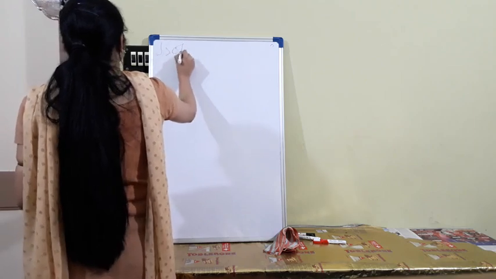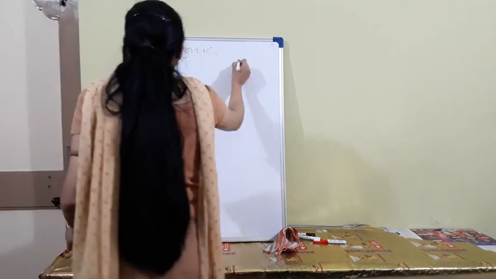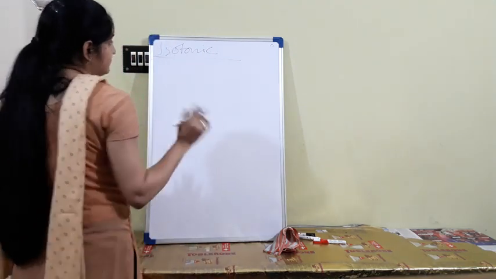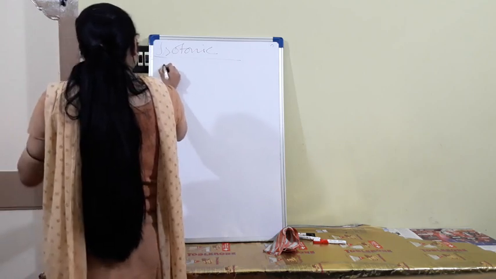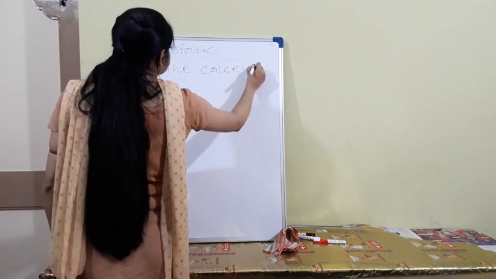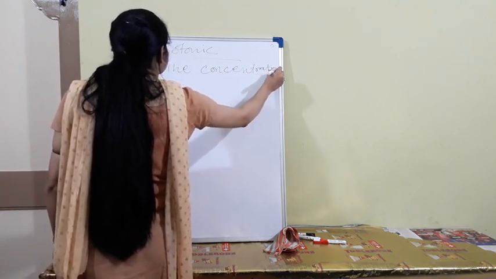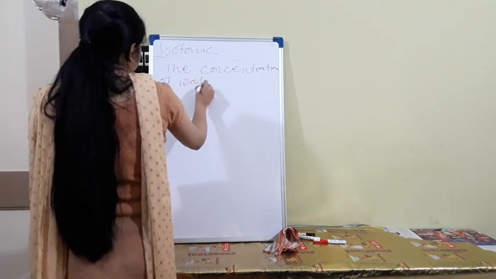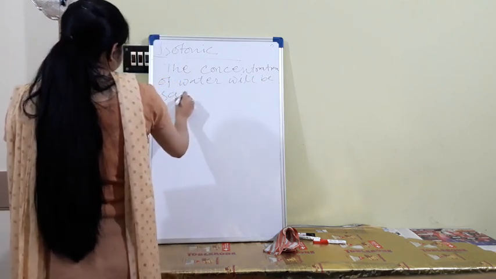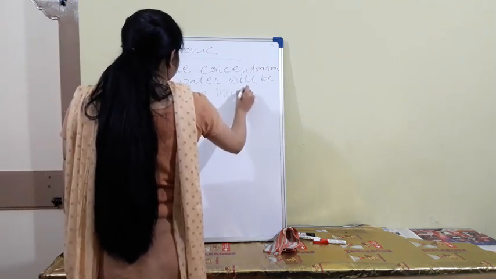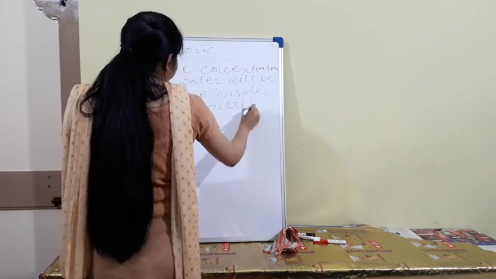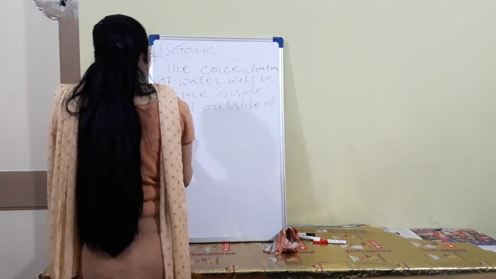Isotonic. There is no difference between the concentration of the outside and inside of the cell. The concentration of water will be the same inside and outside of the cell.